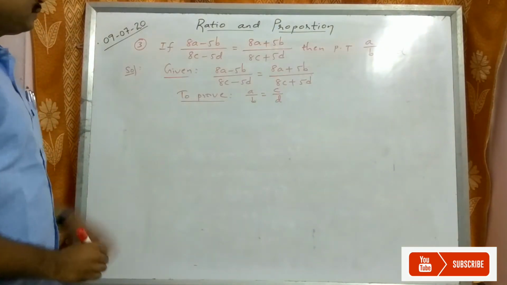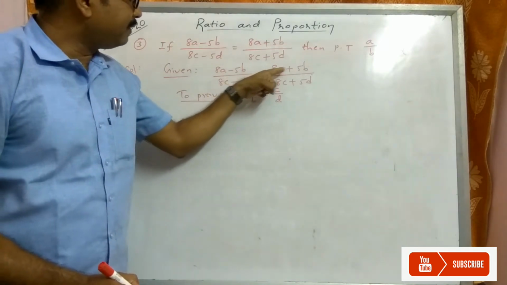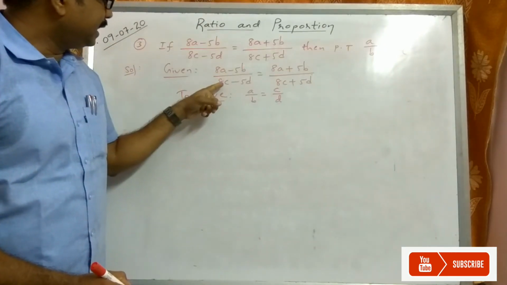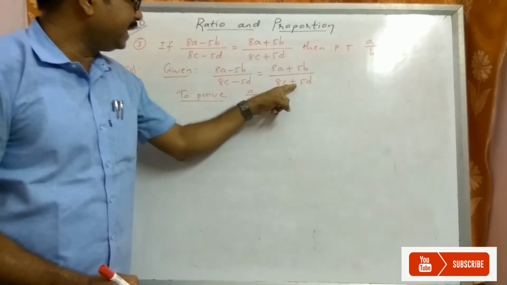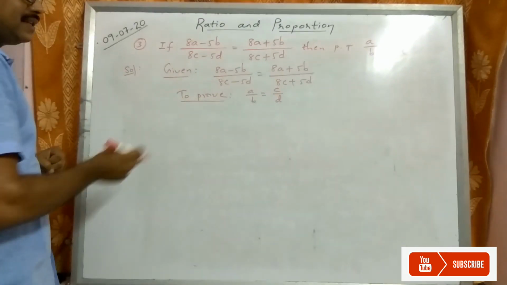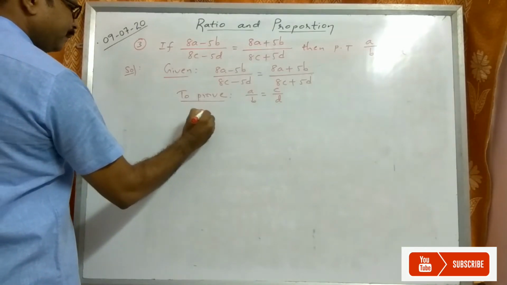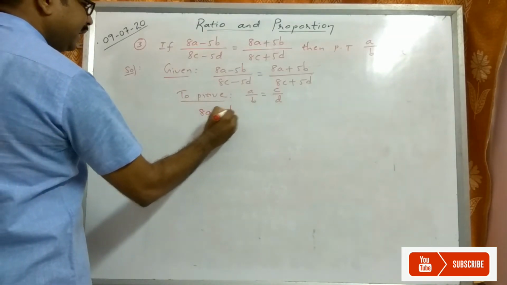Now once observe the given thing, 8a minus 5b, here we have 8a plus 5b. Here 8c minus 5d, here 8c plus 5d. Just by using alternation, alternando, I will shift the terms here. 8a minus 5b write as it is.